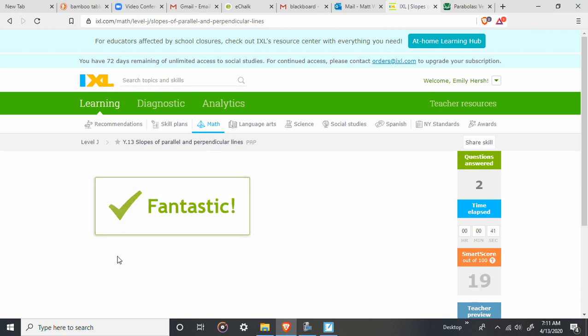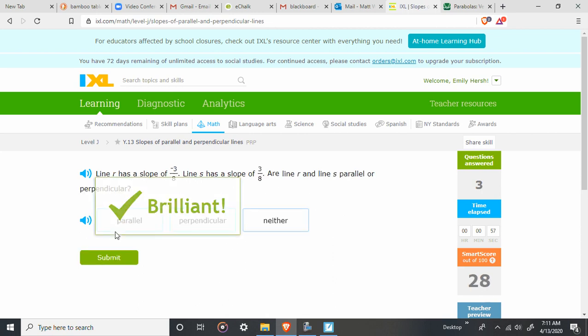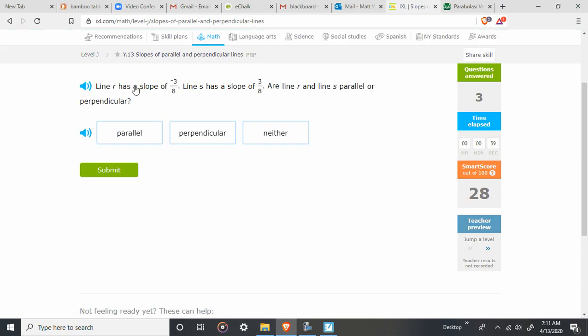So again, two things have to happen. Line T has a slope of -5/4. Line U is perpendicular to T. So what do we need to do? This is -5/4, so let's make it positive, and let's flip the fraction: 4/5. Line R has a slope of -3/8. Line S has a slope of 3/8. Are line R and S parallel or perpendicular?